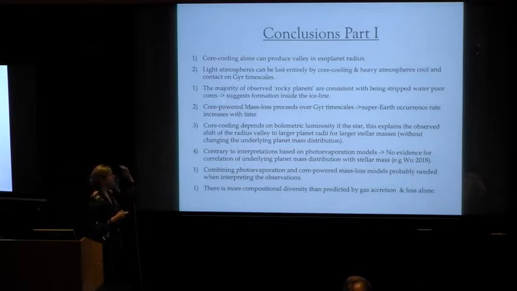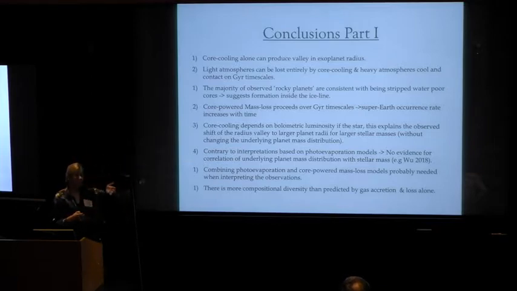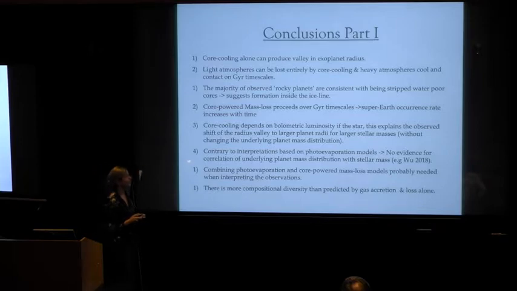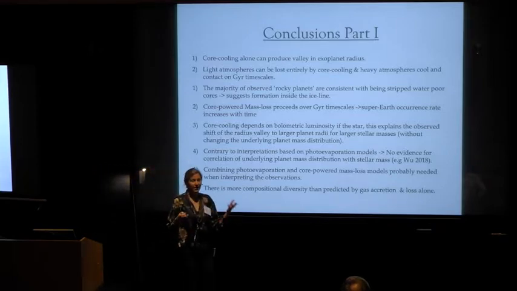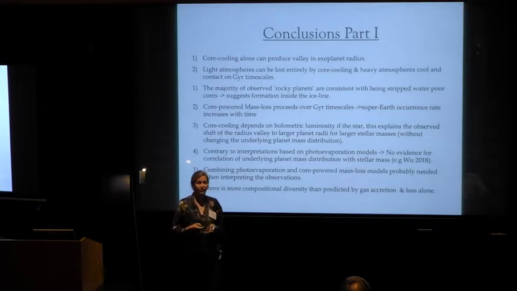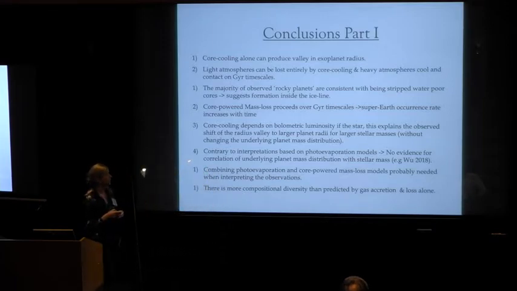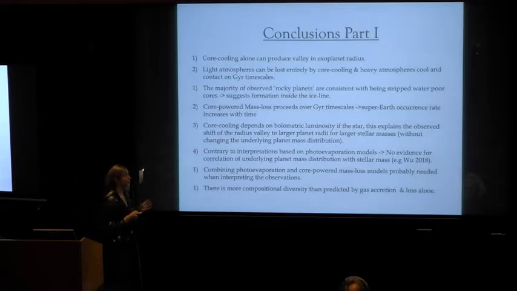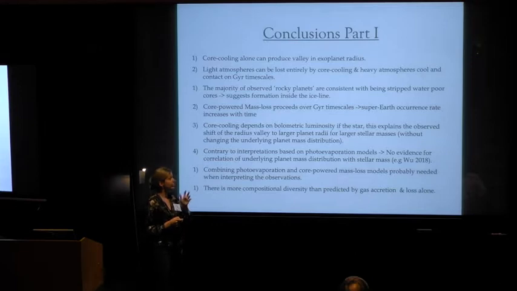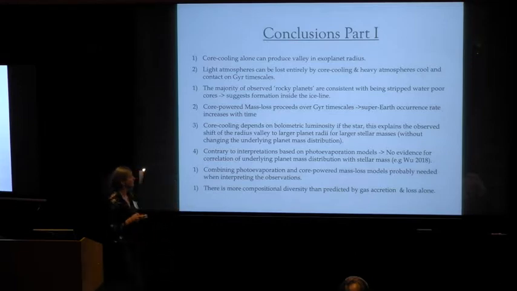So the conclusion is that the majority of observed rocky planets that we currently see in the exoplanet population are consistent with being stripped cores rather than having formed as a separate rocky terrestrial population. And they look somewhat water poor, so I think most of them probably formed inside the ice line.